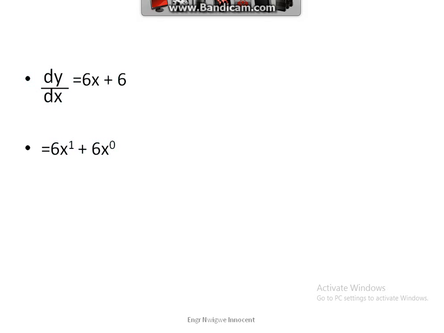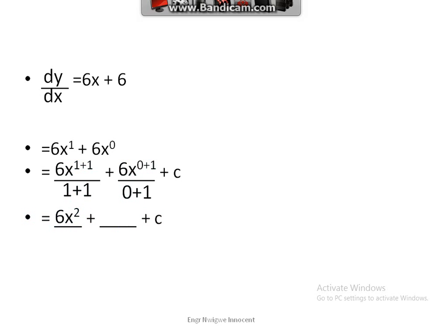Therefore, the integration will be equal to 6x raised to power 1 plus 6x raised to power 0, which is equal to 6x raised to power 1 plus 1 over 1 plus 1 plus 6x raised to power 0 plus 1 over 0 plus 1 plus c, which is equal to 6x squared over 2 plus 6x raised to power 1 over 1 plus c, which is equal to 3x squared plus 6x plus c.